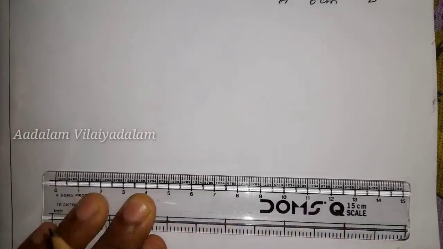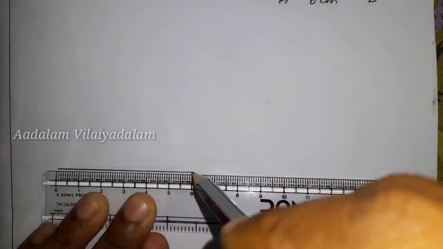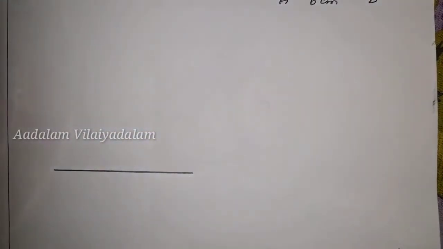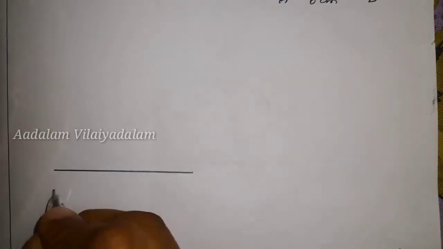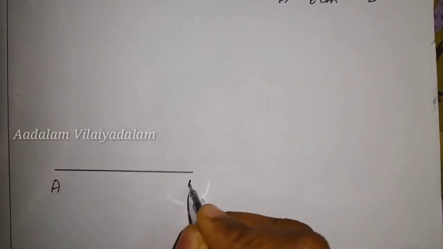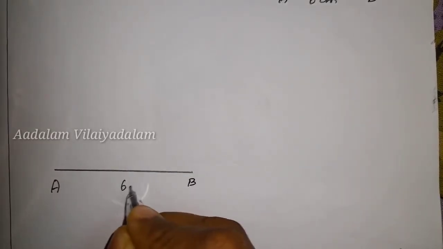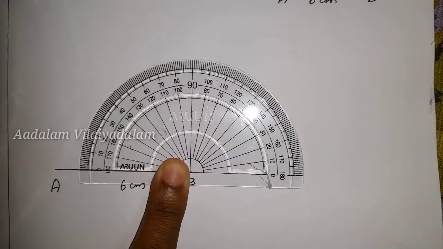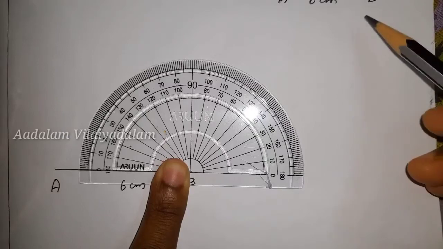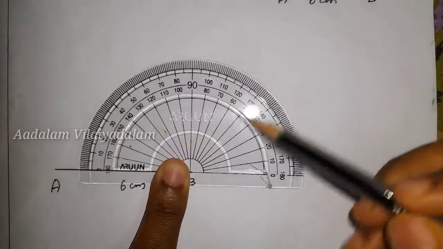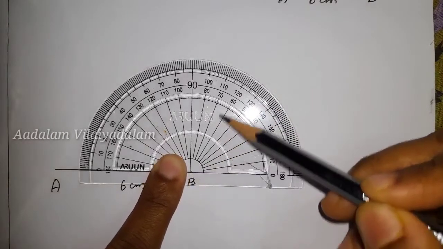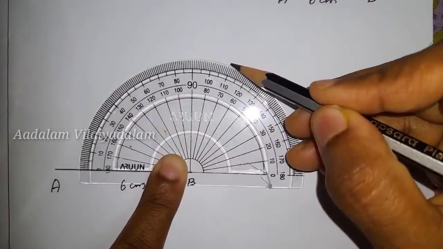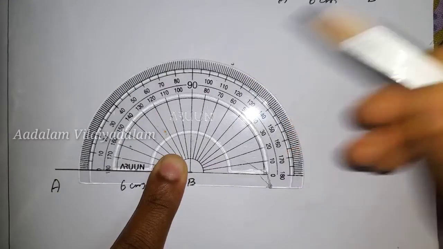First draw the line segment AB, 6 cm. This is A, B 6 centimeter. At B center make an angle of 110 degree.